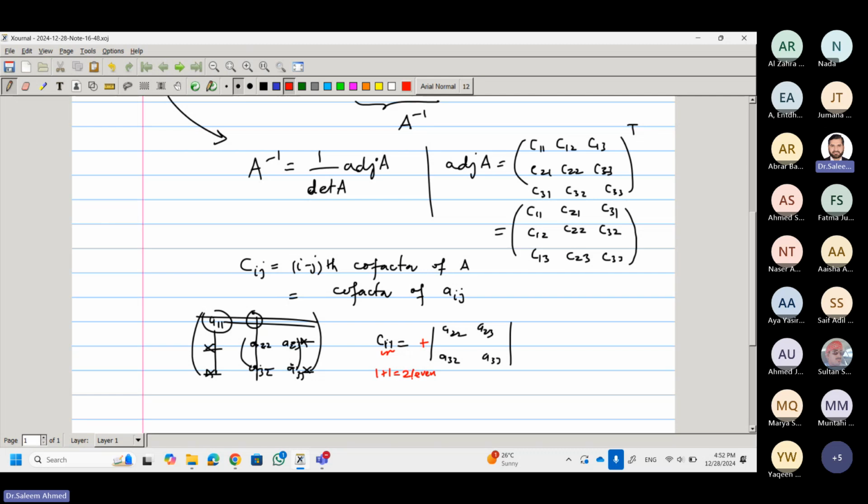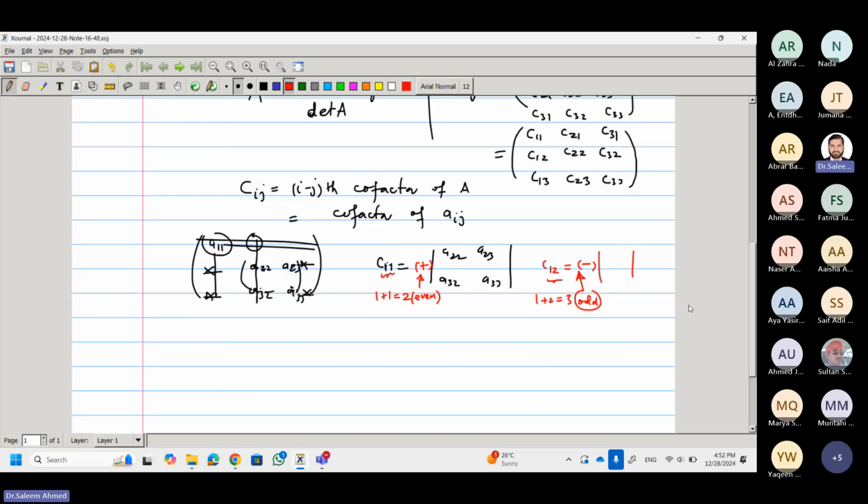So whenever the sum of row and column is even, you get a plus. If it is C12, you will have a minus sign, because 1 plus 2 is 3, which is odd. And whenever you have an odd number, you get a minus sign. So for even you get plus, for odd you get minus. That's how it changes the sign.